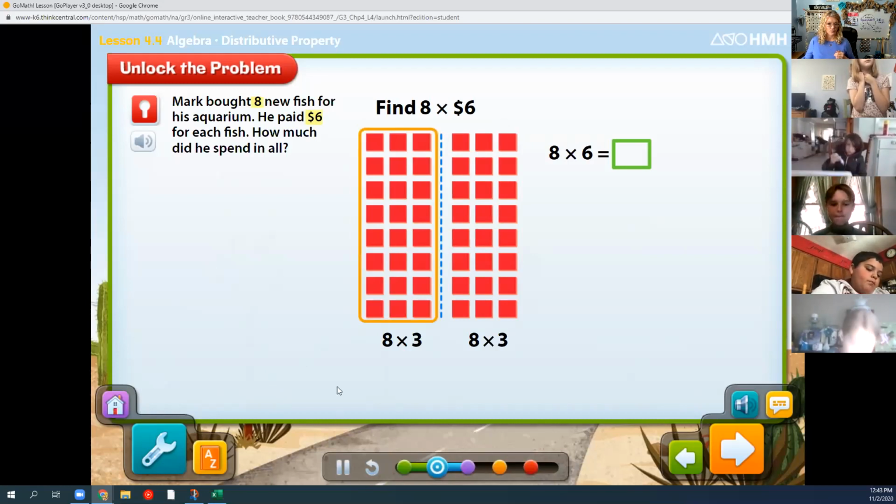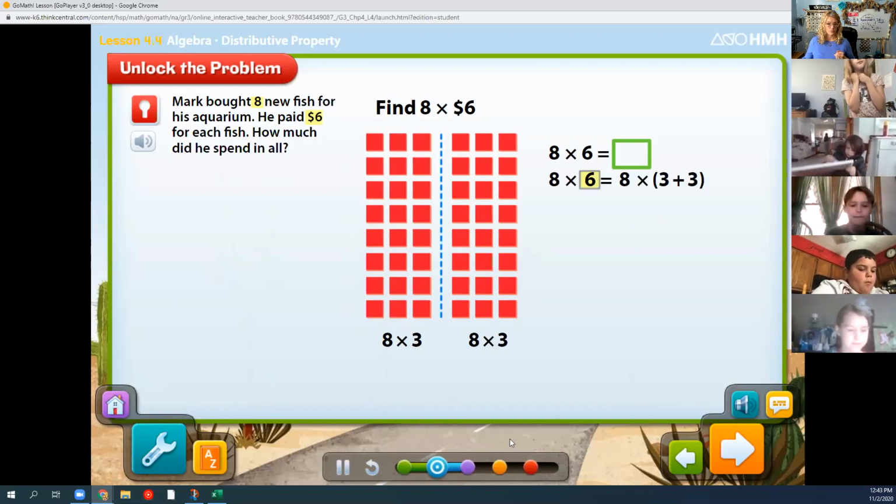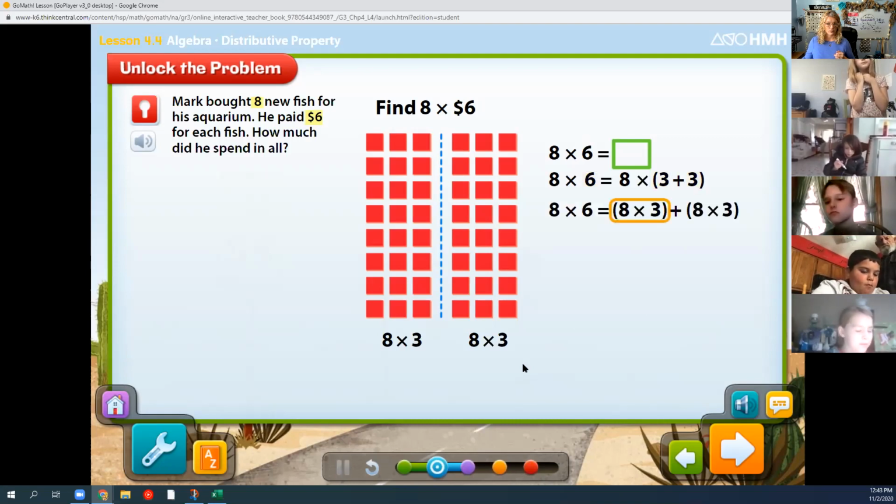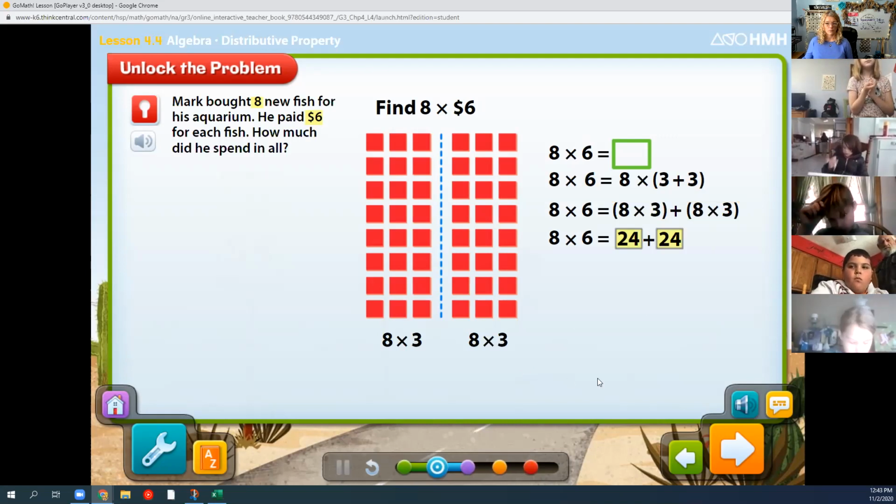How can you use the smaller arrays to find the product? You can find the product for each smaller array. Think 6 is equal to 3 plus 3. Then multiply each addend, 3, by 8. Add the products of 8 times 3. 8 times 6 is equal to 48.